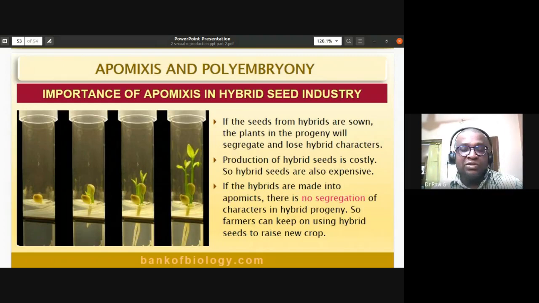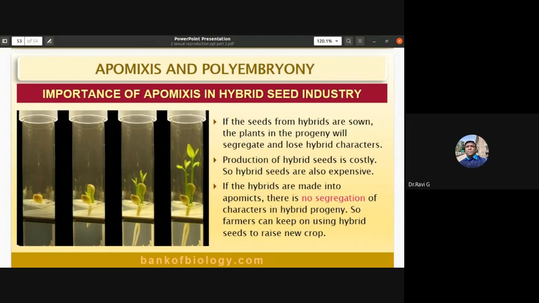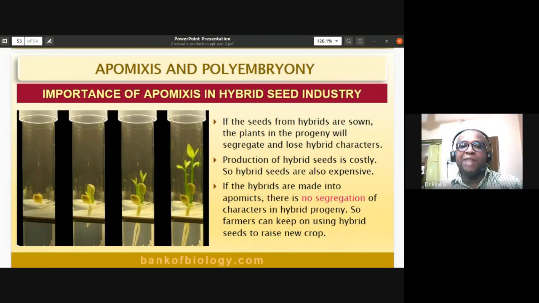So that is the reason. Hybrid seeds are also expensive. So most of the companies make the hybrid plants into apomicts so that they can form seeds without fertilization. As a result the same character of the hybrid is retained, and these seeds can be sown in the next season. If the hybrids are made into apomicts, there is no segregation of characters in the hybrid progeny.